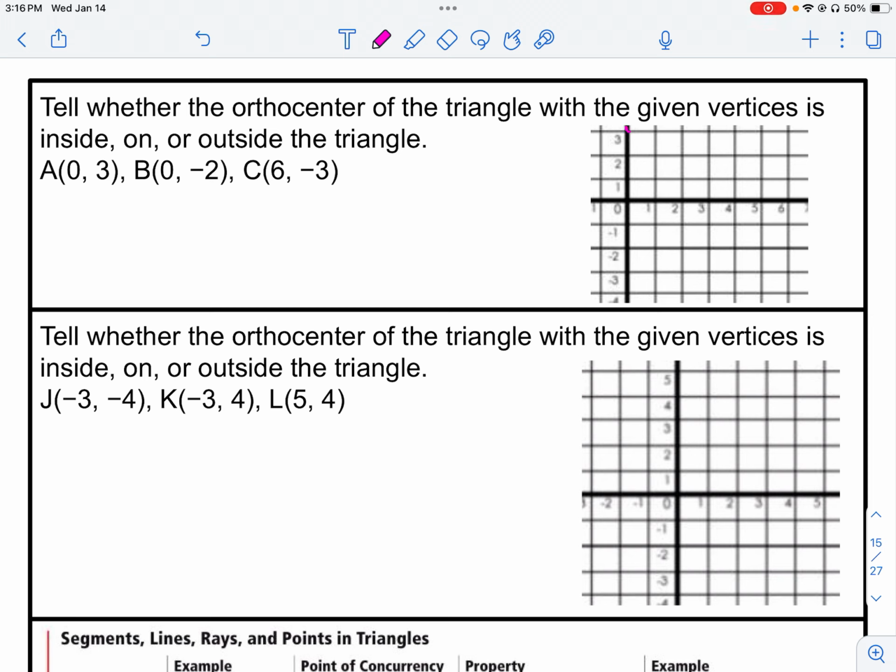So A is (0, 3), B is (0, -2), and C is (6, -3). So we have quite clearly an obtuse triangle, so the orthocenter is going to be outside of the triangle.